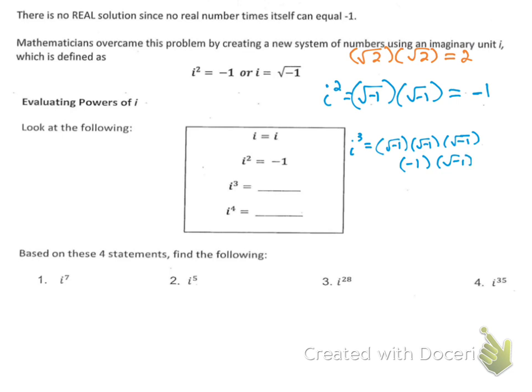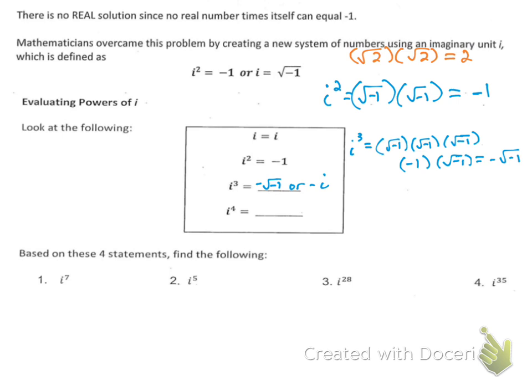So you will see this answer written as negative square root of negative 1 or negative i. Same thing. Both are acceptable. You'll see it both ways.